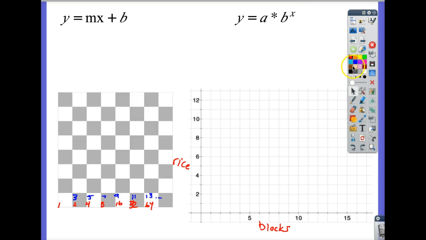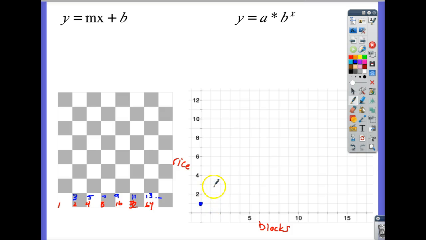For simplicity's sake, we're going to say that the first one is block 0 because nothing's happened to it yet. So block 0 is going to start with 1 piece of rice. So at 0, we have 1. And then for linear, we're going to add 2 each time.